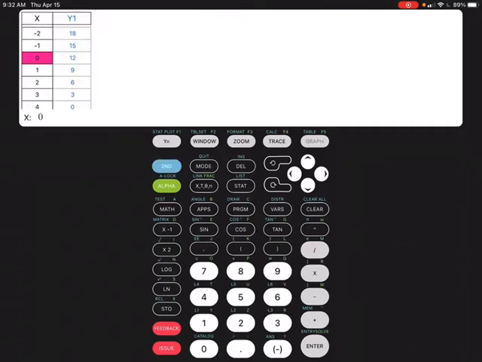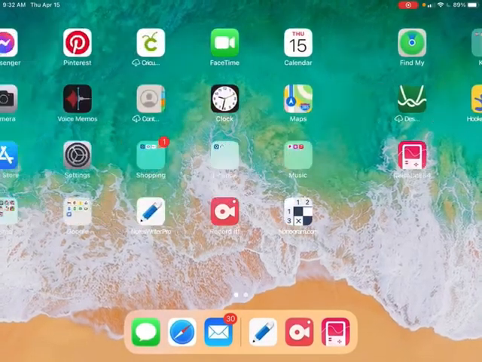Now if we go to our table, to do that you'd hit second table, and it's going to show you the values. So we're going to start on the first term, and we can write down what these values are and see what they're approaching.